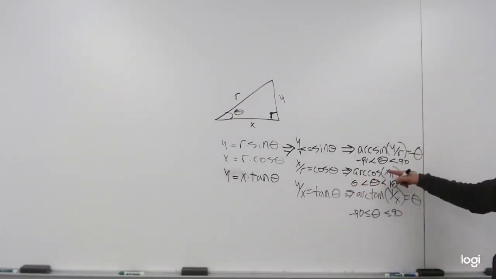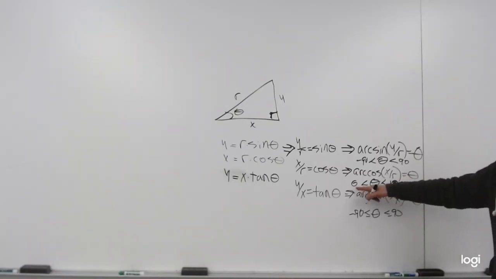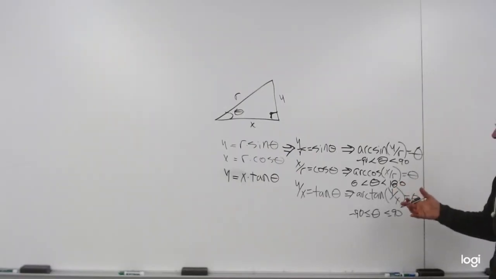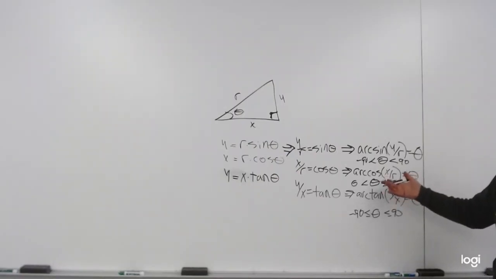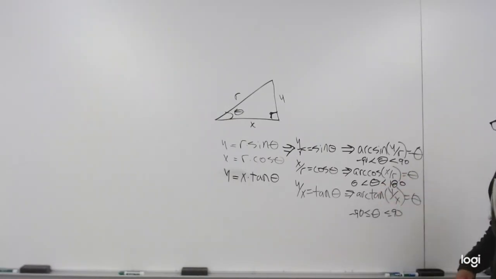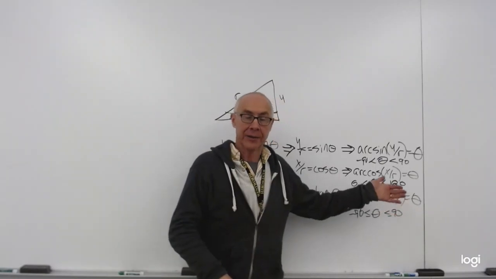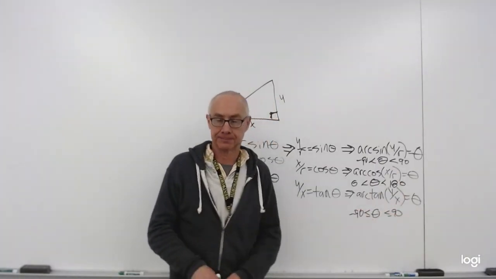So whatever you put in here, x over r, you're always going to get a value out of it between 0 and 180. So if your actual value was like a negative angle, you're not going to get that result coming out of this. Be careful when you apply these functions that you understand their limitations.